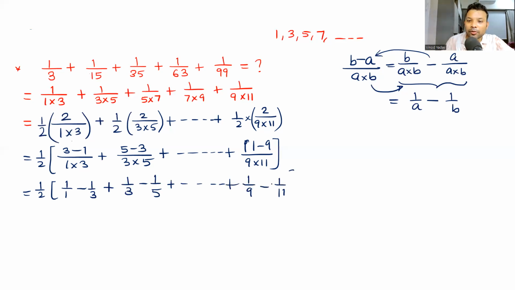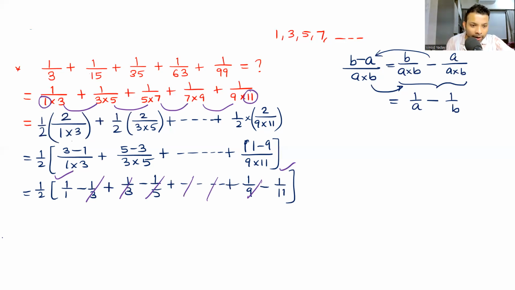This is the beauty, friends. Product form got converted to difference form. अब क्या मजा आ रहा है? सब terms cancel होगा. देखो ना, सब में common link था ना, so common link होना भी जरूरी है. So only 1 by 1 the first term and the last term will remain. Yes.